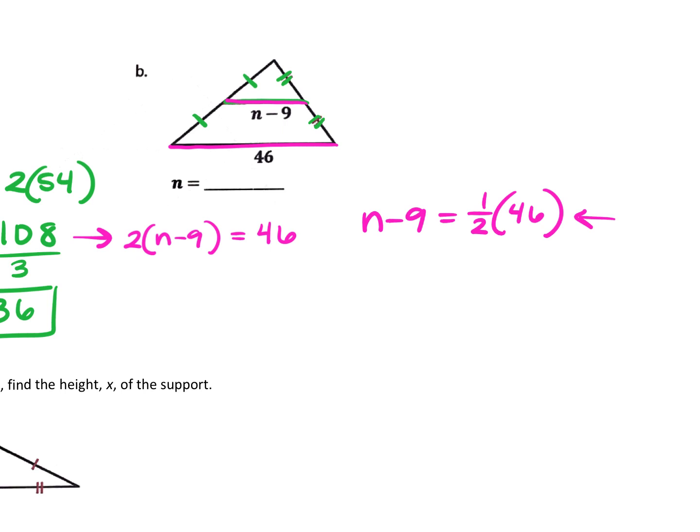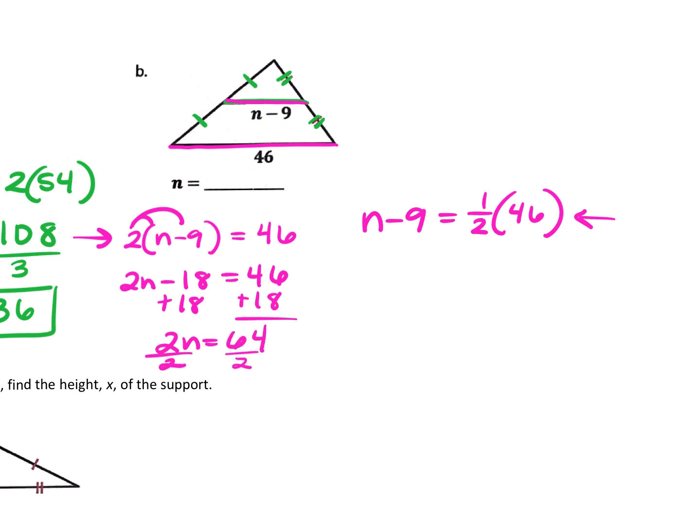Okay, I will try to do it in different ways just so everyone gets to see their way. If you do it this way, you've got to distribute. So you would add 18 and you get 64, right? Divide by 2, so n is 32.